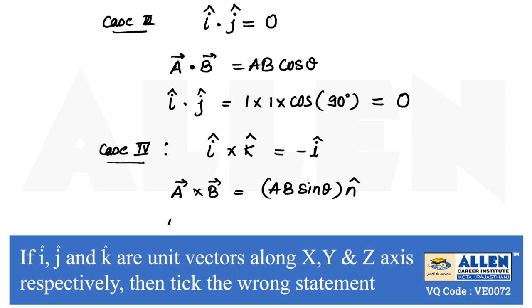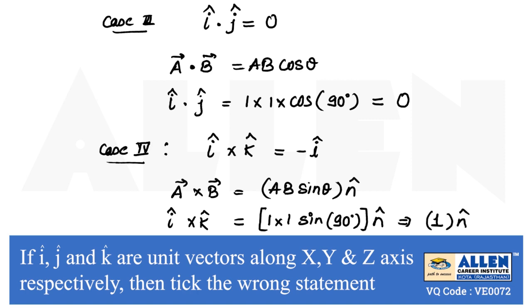So we will use i cap and k cap in place of A vector and B vector. Therefore the magnitude of i cap is 1, the magnitude of k cap is also 1, and sine of the angle between them will be sin 90. Sin 90 because i cap is along the positive x-axis and k cap is along the positive z-axis. The x-axis and z-axis are perpendicular to each other, therefore the angle will be 90 degrees. And along with this n cap will be here, so we will get 1 into n cap.